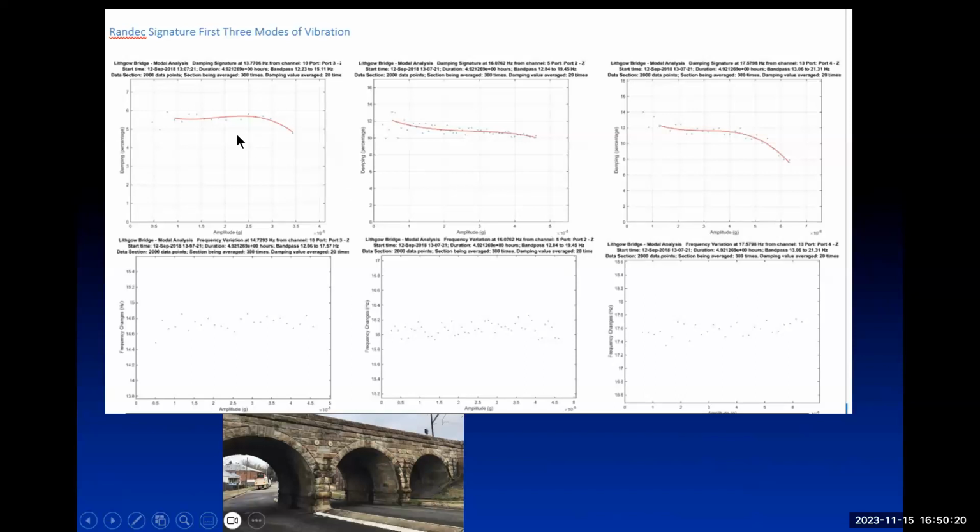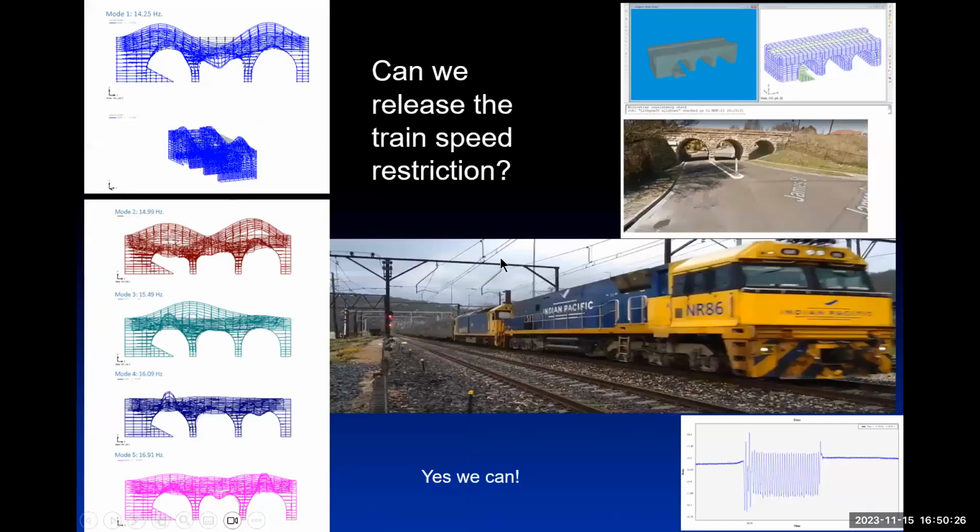And we measured frequency and damping, which meant that we could identify our damping ratio. And we could then say, okay, we can calibrate our finite element model. We can look at the modes of vibration. And the big question for the owners of the bridge was, can we drive a train faster over the bridge?